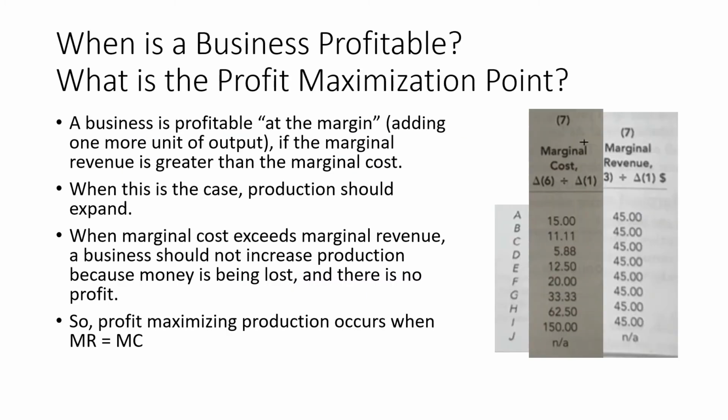We can use the marginal revenue and the marginal cost to figure out the profit maximization point of a business, and also to figure out if a business is being profitable or not. We say that a business is profitable at the margin, meaning a business will be profitable if we add and sell one more unit of production, if the marginal revenue is greater than the marginal cost.